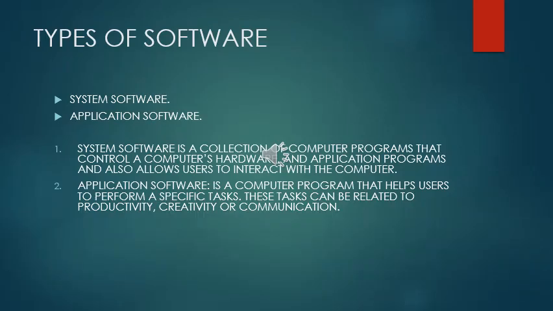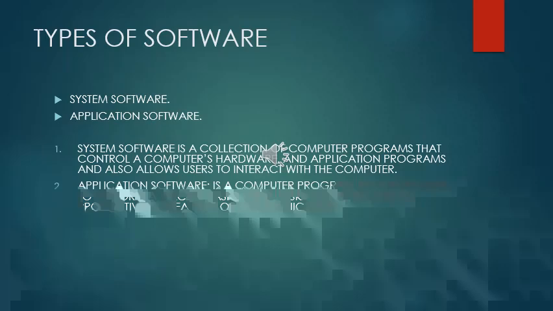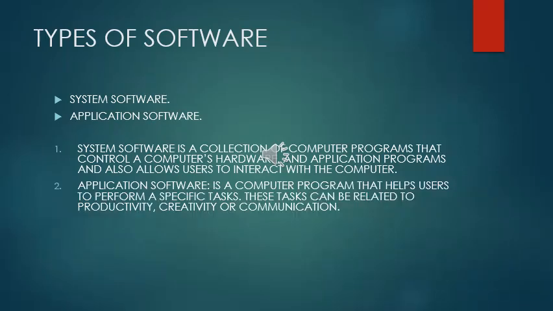So the system software is the main point that allows an individual to have access to the computer system. Without the system software, you will not be able to get access to your server. You will not be able to get access to Microsoft Word or PowerPoint or Excel. Without the system software, you will not even be able to turn on the system itself before you have access to those particular applications.